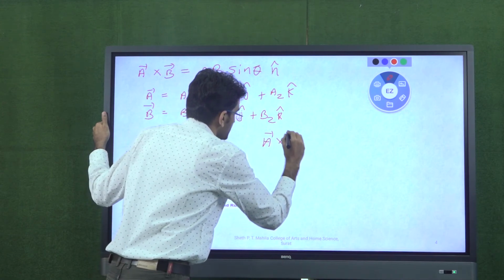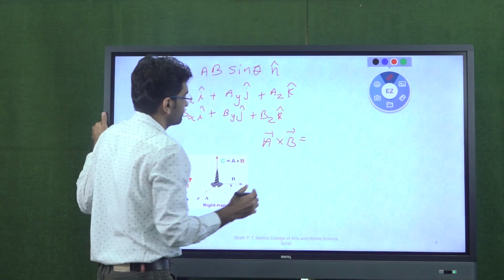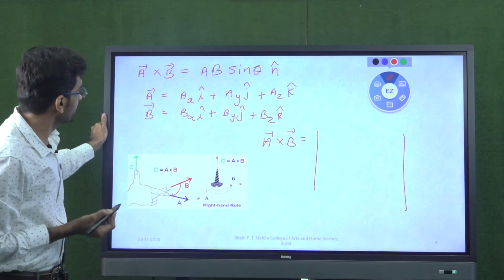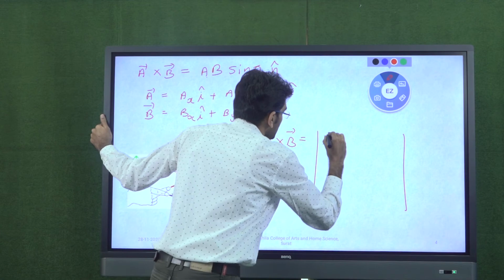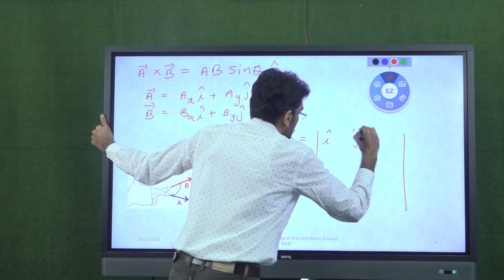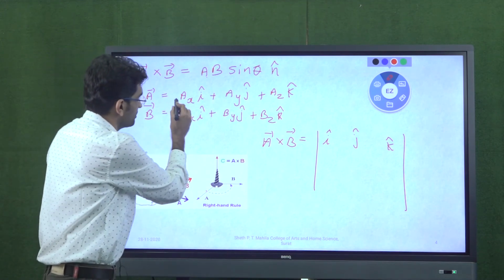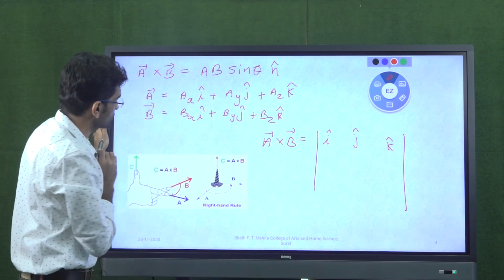A cross B equals, I have to keep these two vectors in a determinant. The first row of the determinant will be i, j and k. What will be the second row? That is your first vector.